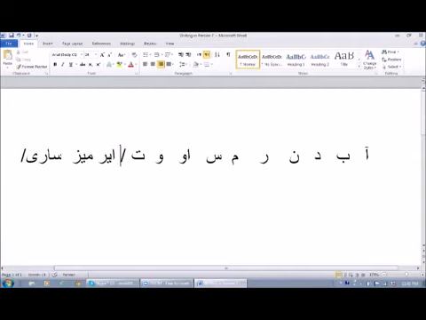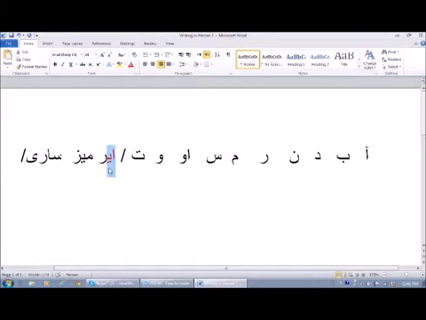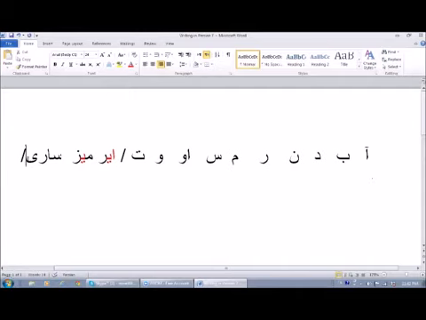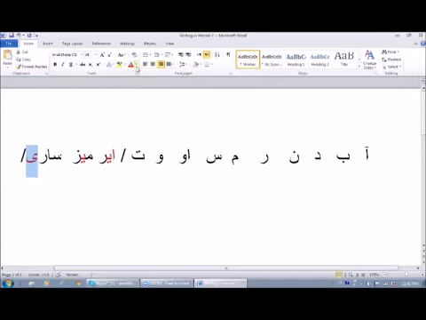This is E initial, this one is E medial, and this one is E final. That's what we have learned so far.